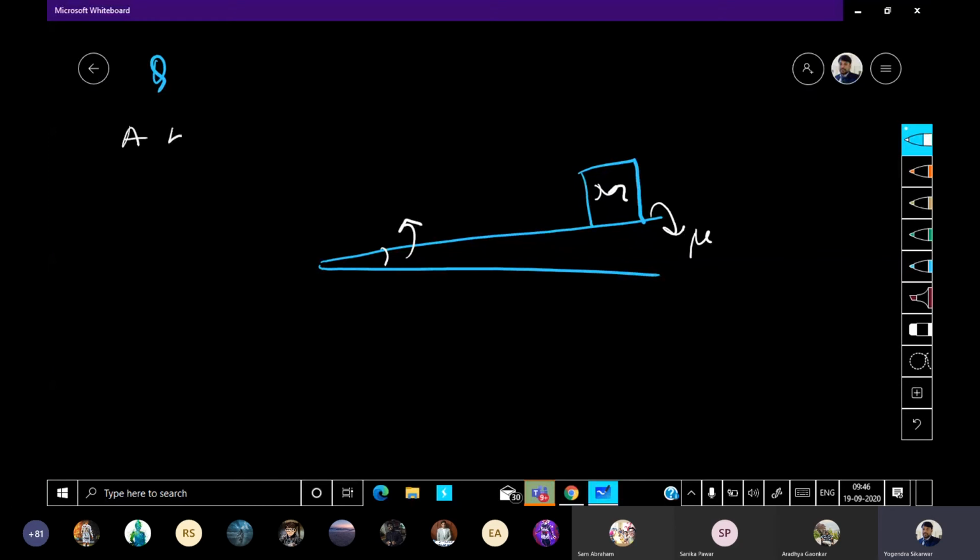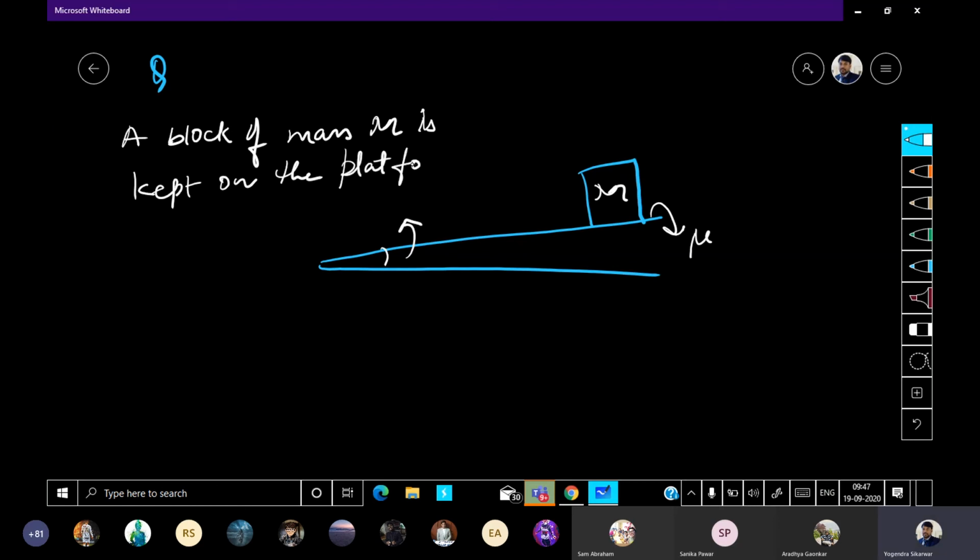So a block of mass capital M is kept on the platform of friction coefficient mu.